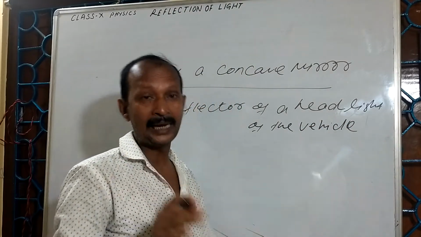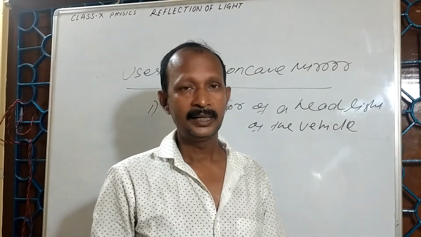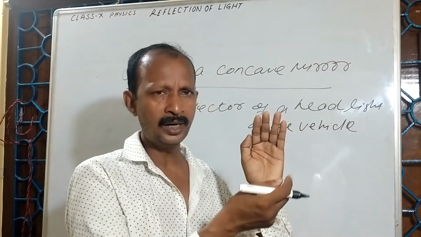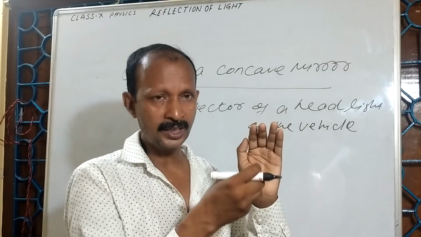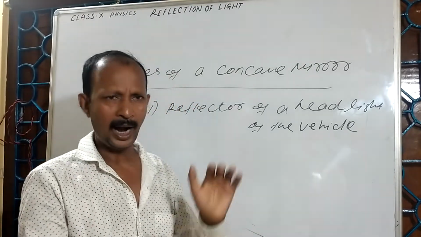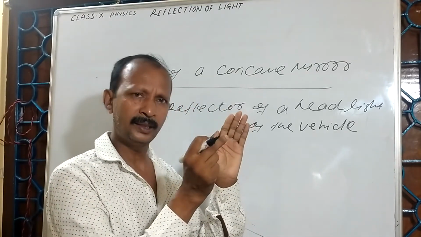In a vehicle headlight, at the backside there is a silver-looking, polished surface, and the bulb is adjusted in such a manner at the focus.